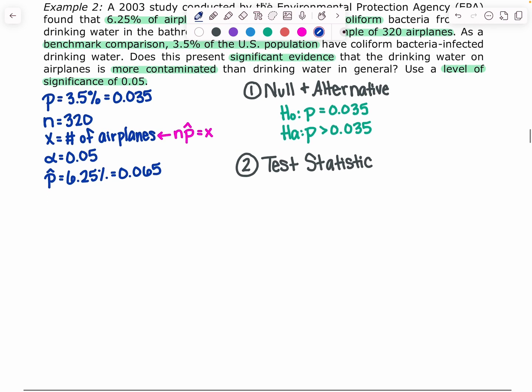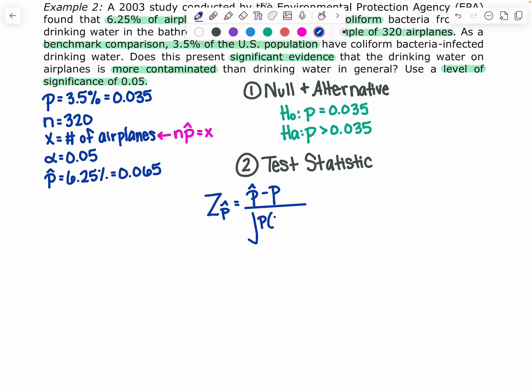So our test statistic equation is the z-score for p hat, which is p hat minus p divided by the square root of p times 1 minus p divided by n.